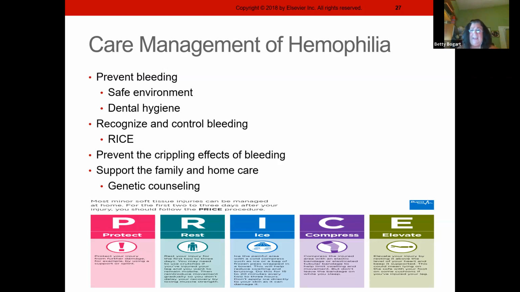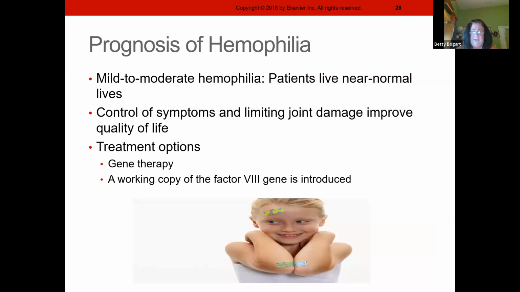But once we see it, it's just like an orthopedic injury. You're going to first rest. You're going to ice it, compress it, and elevate it, just like if it was a sprain. Okay. And we're going to give that home therapy of factor, whatever it is. These children can live a normal life.